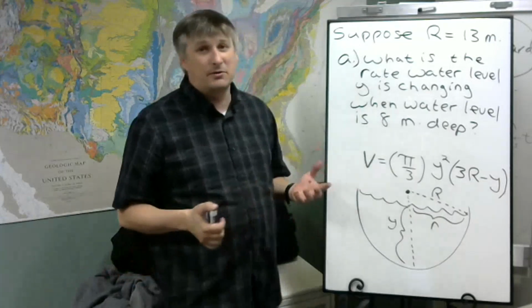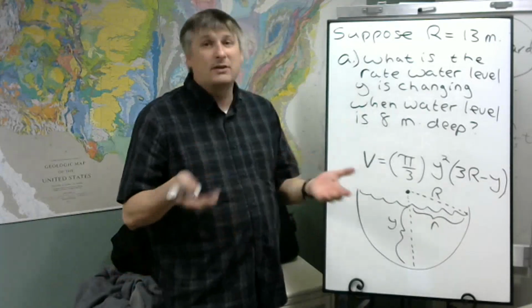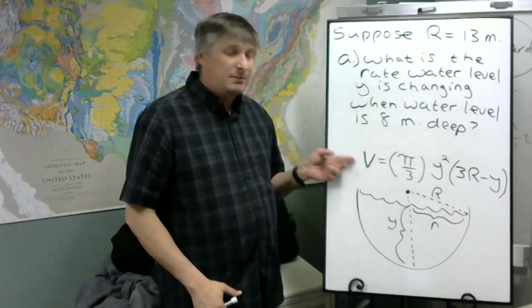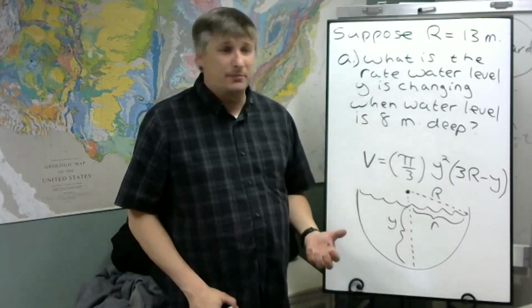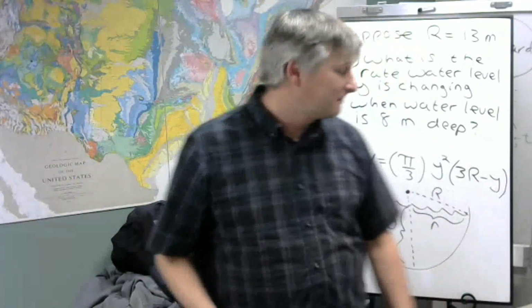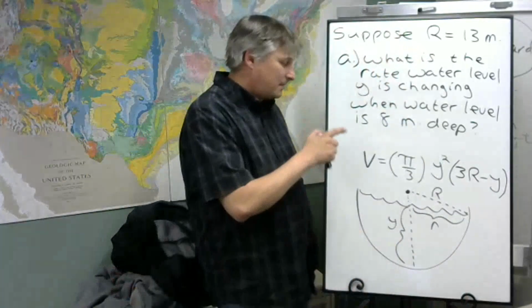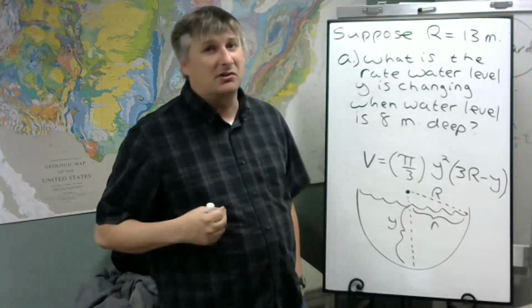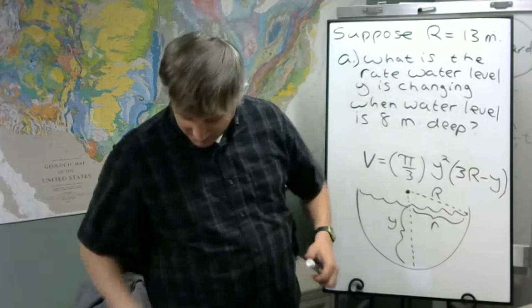We've been told the rate of change of the volume, not the actual volume: 6 cubic meters per minute. So we do know what dV/dt is automatically. It's been given to us.